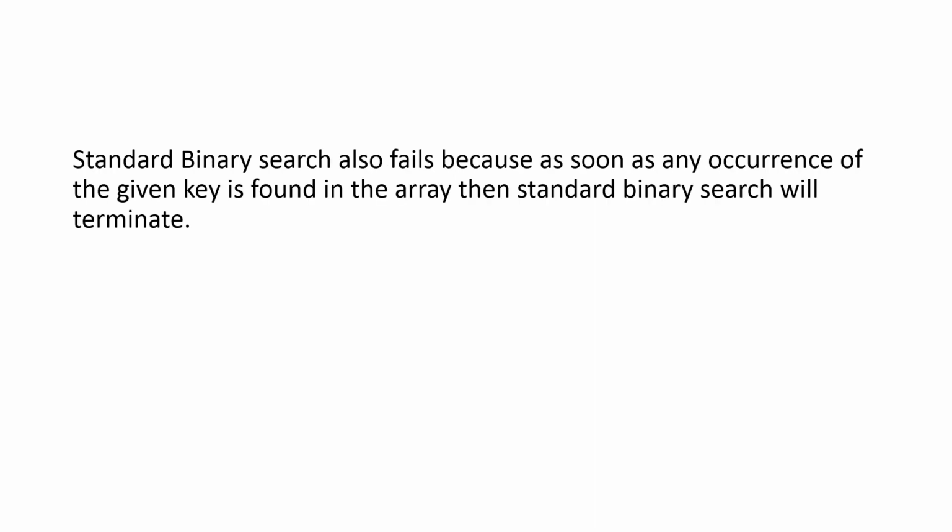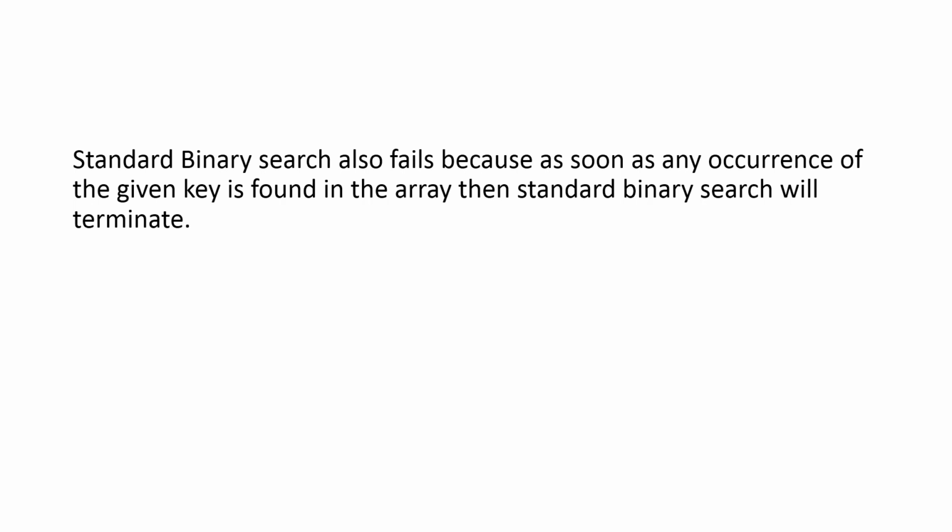If I apply the standard binary search here in the sorted array, then it will also fail. Why? Because how does binary search work here? First of all, I have to find the middle element and then compare the middle element with the given key. As soon as any occurrence of the given key is found in the array, the standard binary search will be terminated.